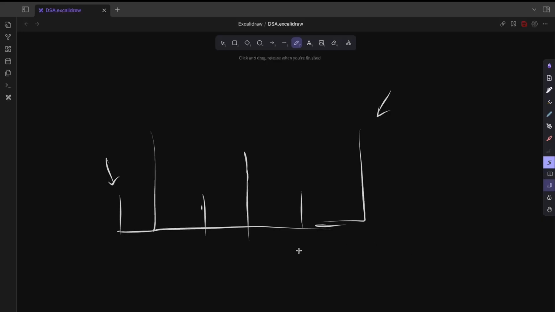Now that we understand how to calculate how much water two walls can hold, we are going to try and maximize the water. So these two walls can only hold 5 liters, but the potential of each wall varies, right?